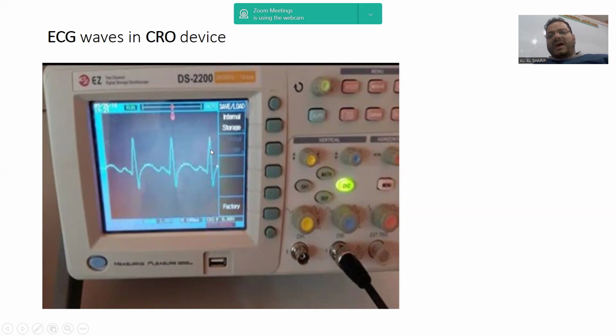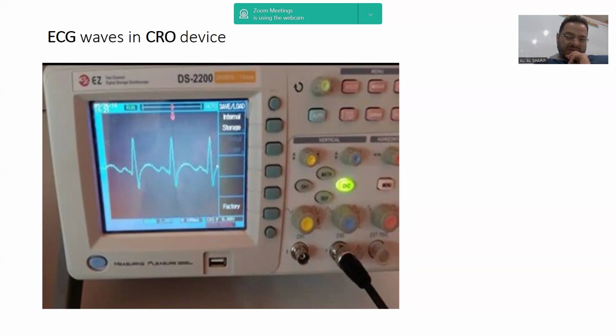By this picture, I made a good link with a previous lecture when I was talking about the CRO, and I said it has many uses. One of them was as a voltmeter.